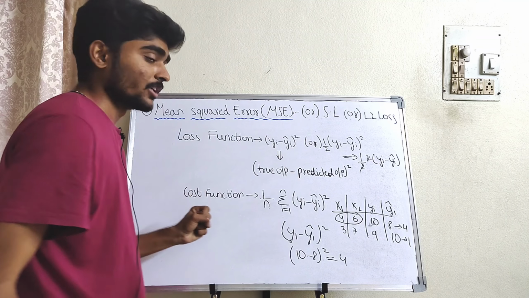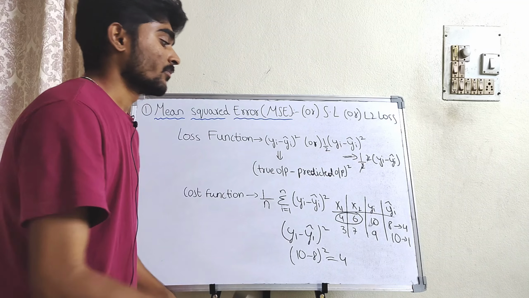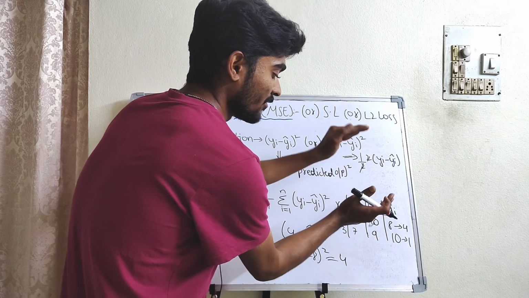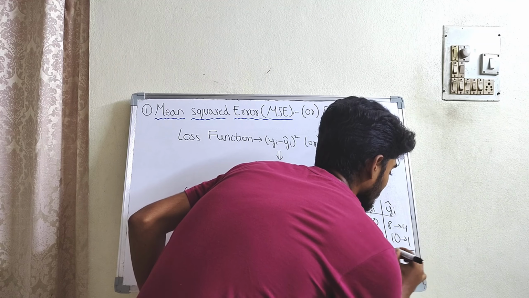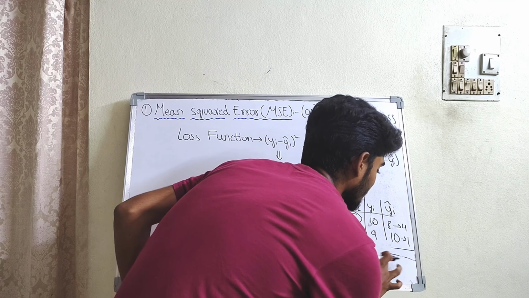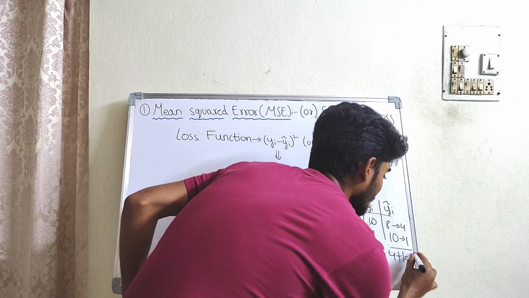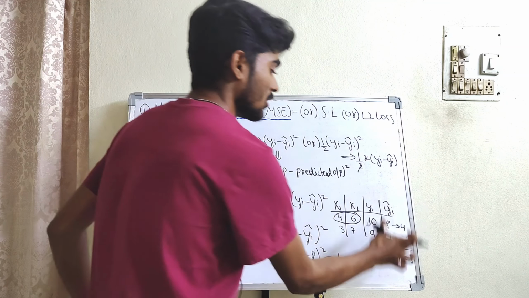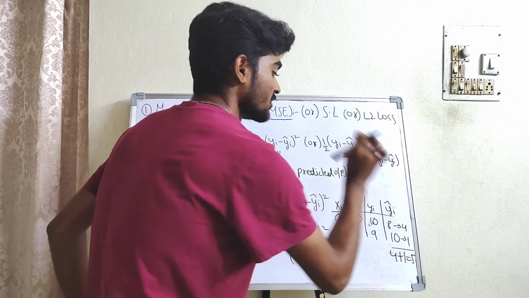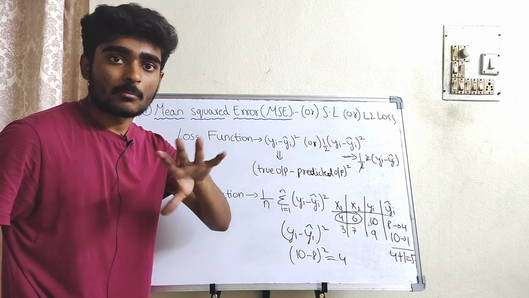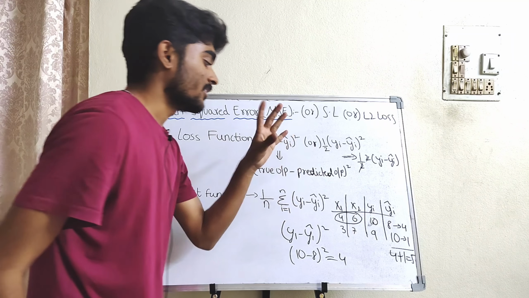For this data, the cost function is the sum of the loss function outputs, that is 4 plus 1, which is equal to 5. This is the cost function output, and these are the loss function outputs. The sum of the loss over the batch of data or the overall data is the cost function.